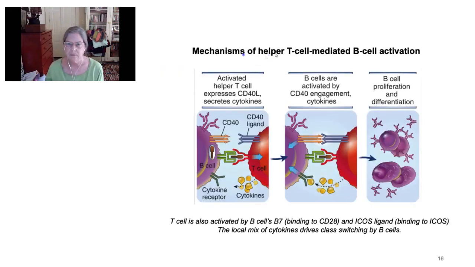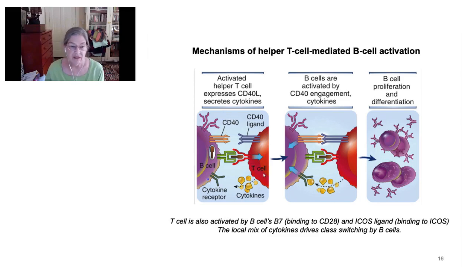Again, I'm just taking an up-close look here. T cells, the helper T cells, are getting activated by the B cells through signaling through the T cell receptor and also through CD28 getting activated by B7 that's going to be upregulated on B cells.